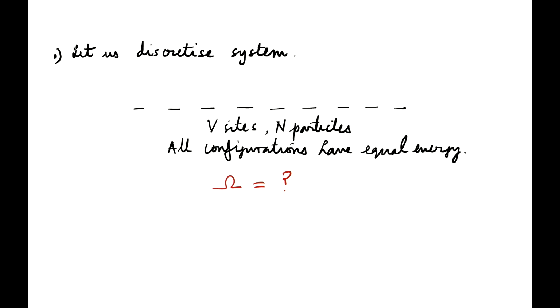What is NCV? Yeah, but there is no interaction. Two particles can be on the same site also. The problem I have stated has no interaction. N power V or V power N? What is the answer? V power N.